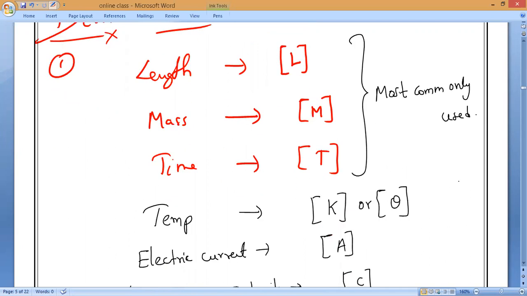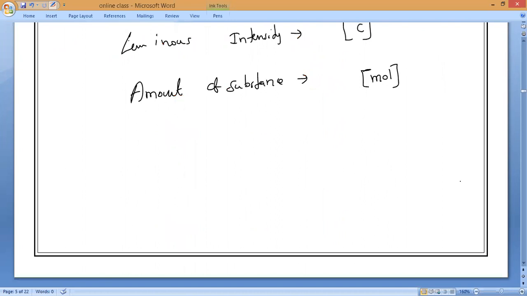Right. Definition of dimensions. Dimensions are the powers. When we are writing, you will understand the definition also.